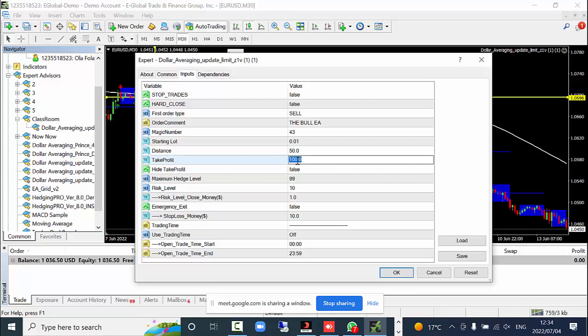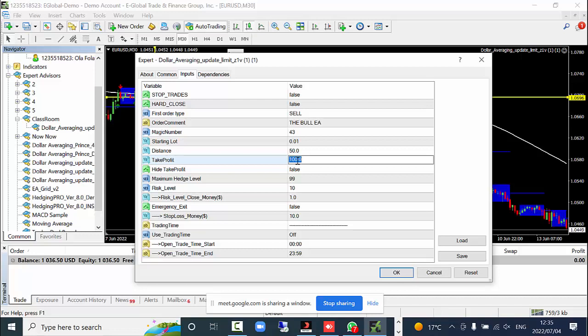Then immediately after taking your profit, you place sell again. Continue that trend. When it's 25 pips in your favor, you take profit. You know that now it has given you $5, and you want to reach $10.36.